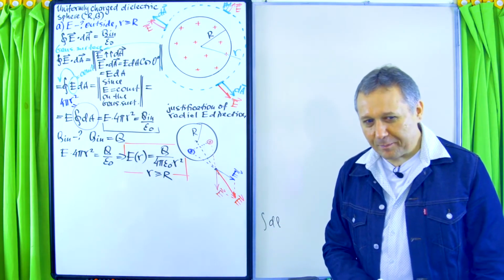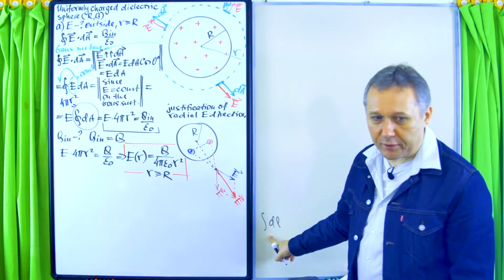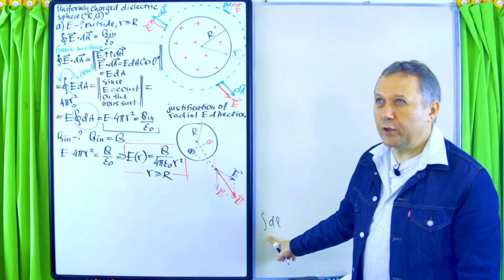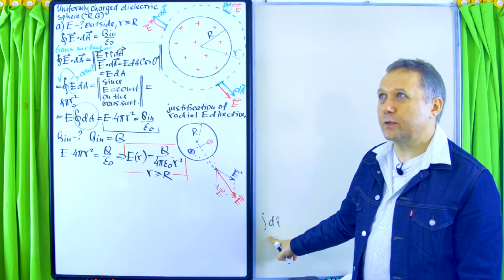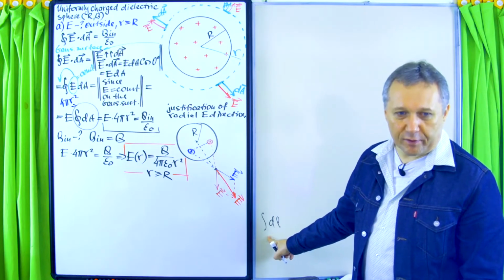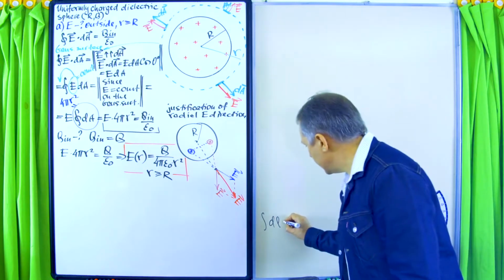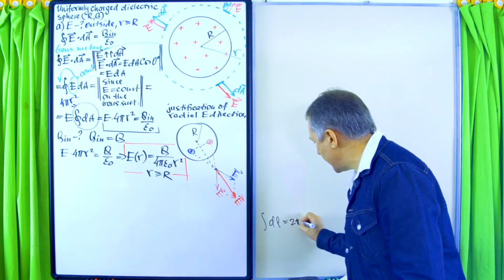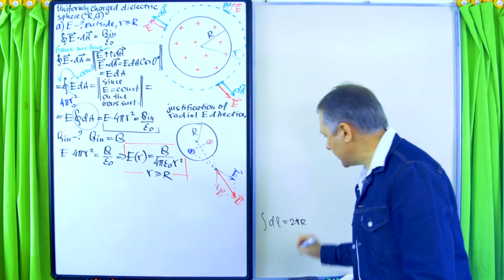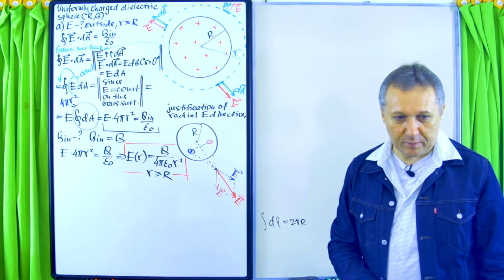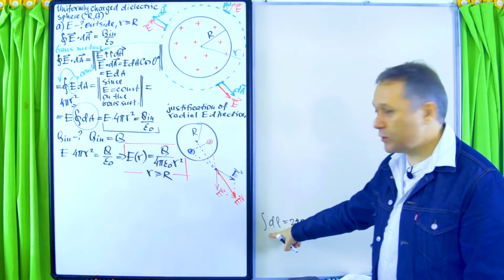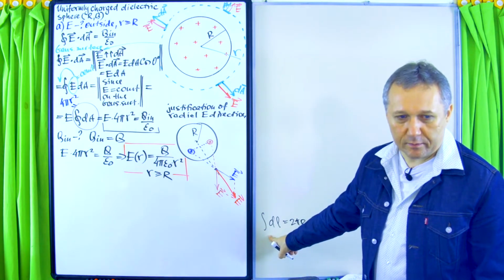And again, this is not a trivial integral, but we knew the answer, and the answer was the circumference of the ring, 2 pi r, capital R. The same here.